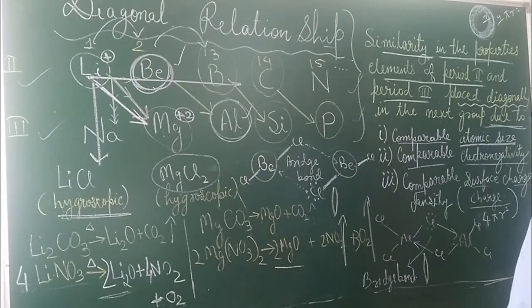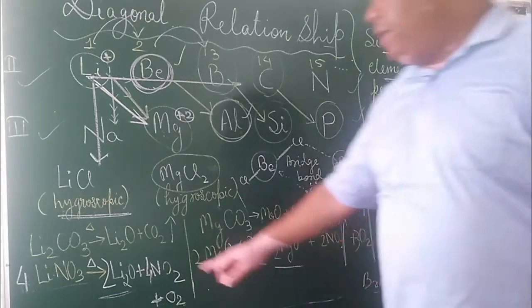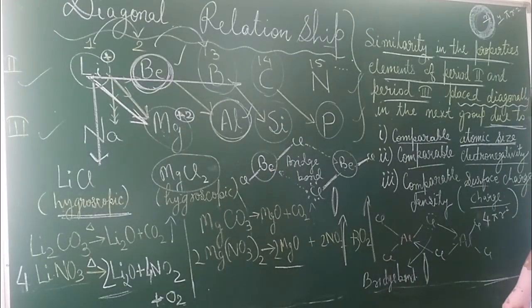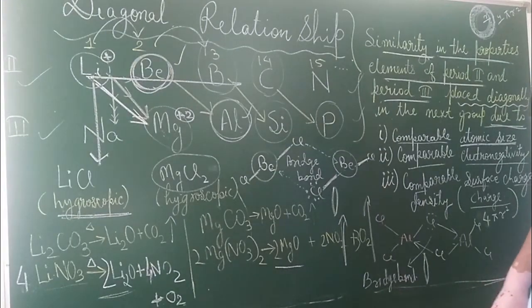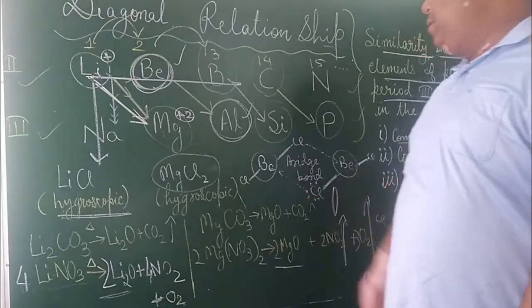So the three main reasons due to which diagonal relationship is seen are comparable atomic size, comparable electronegativity, and comparable surface charge density. Due to these similarities, they show similar physical and chemical properties which we discussed just now. Similarly, you can find many similarities between boron and silicon. Both of them form semiconductors, although this is trivalent and this is tetravalent.